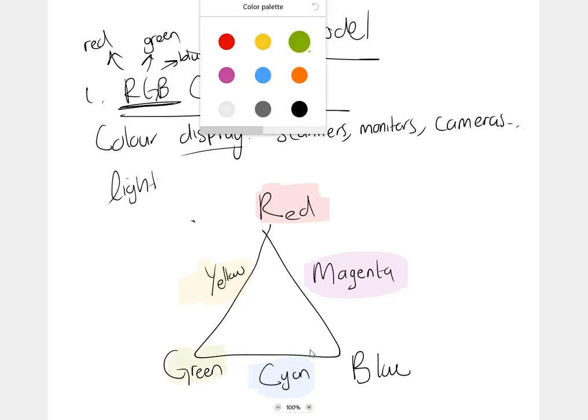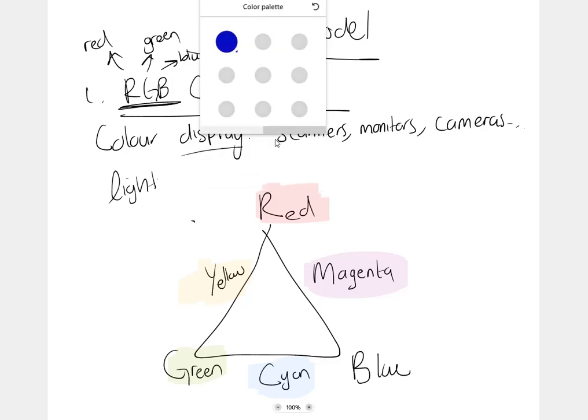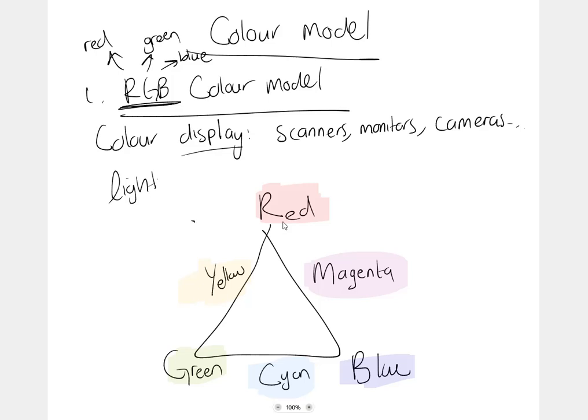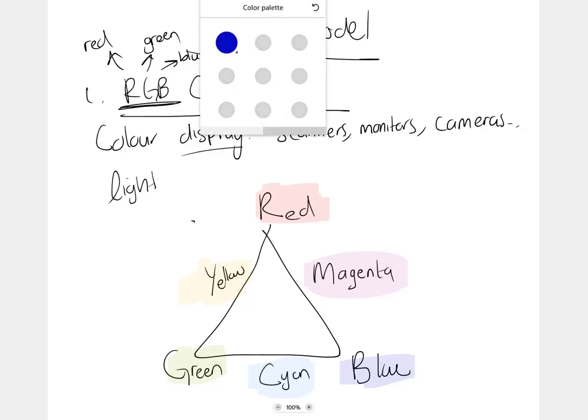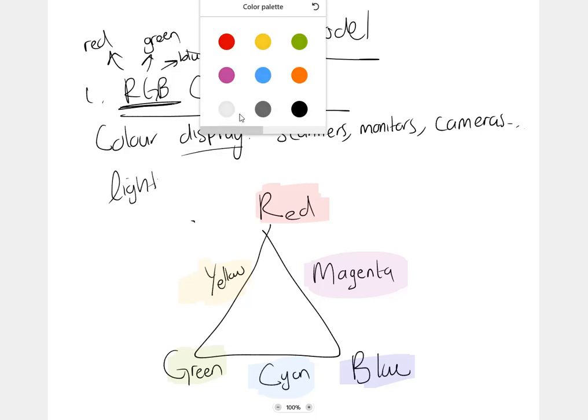Let me see if I can get a nice blue color palette. There we go, that's blue. Blue didn't come out the way I wanted it to, but I couldn't find a nice blue for you. This is the blue if you can see it on your screen. But you know what blue is, so I'm just going to exit stage left.